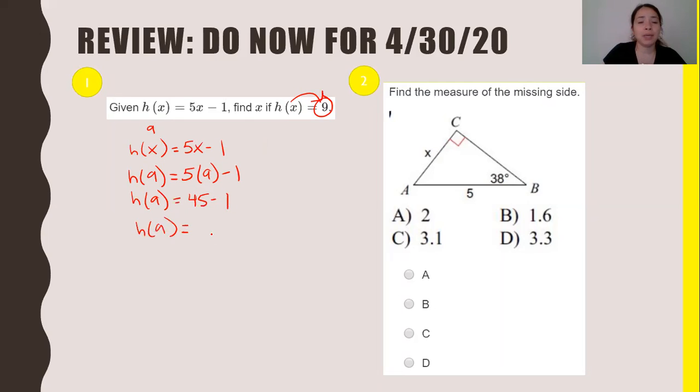This is what you should be typing into your short answer on Schoology. You want each step, right? I don't know if there's enough space for that. If you can put in all the steps so I can see your thinking, that would be perfect.